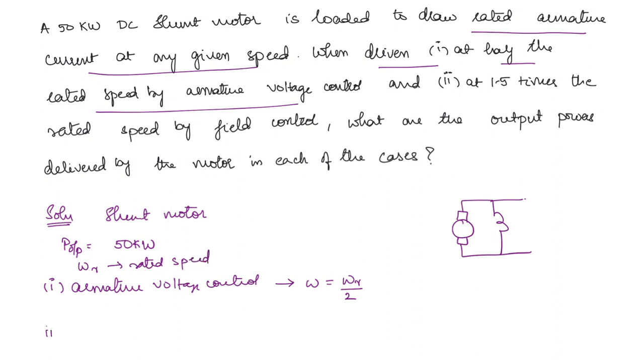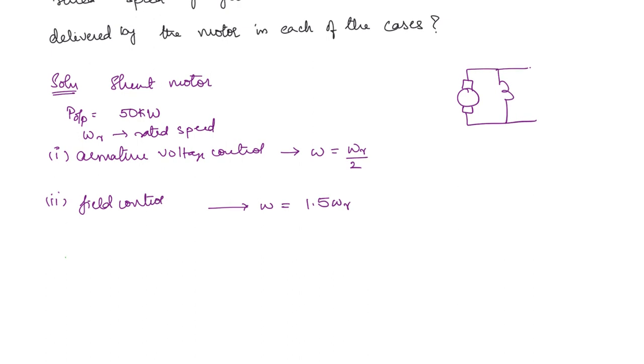And in the second case what is happening? Field control is happening. Speed is being controlled by controlling the field. And in this case the speed is 1.5 times the rated speed. Now the question is, what are the output powers in each of the cases? We know the expression for output power. It is given by EB into IA. Now what is the expression for EB? It is K phi into omega into IA.